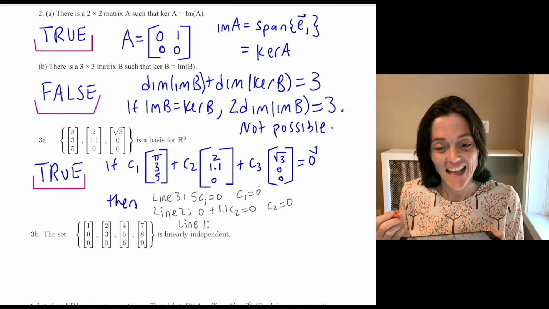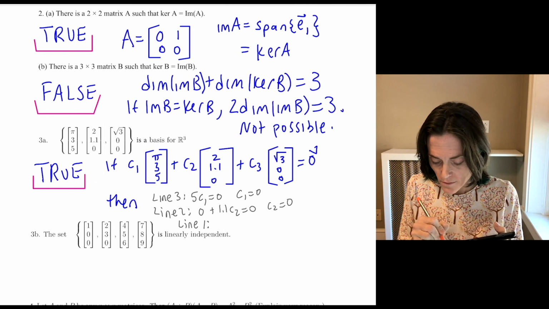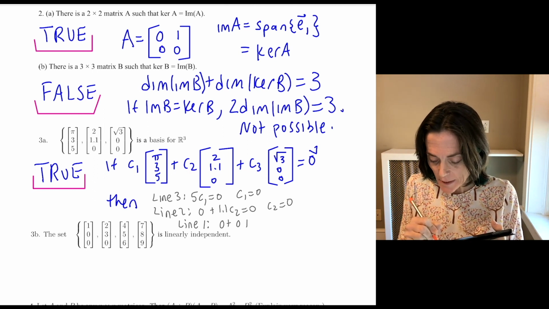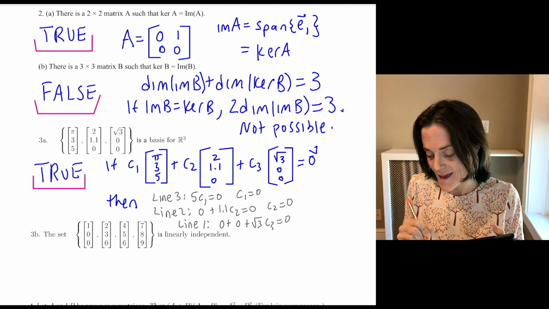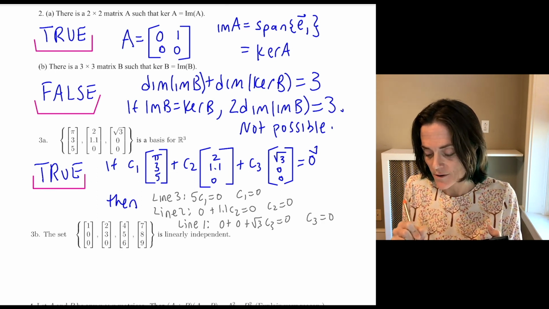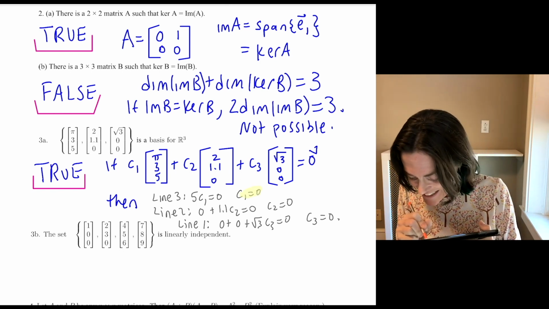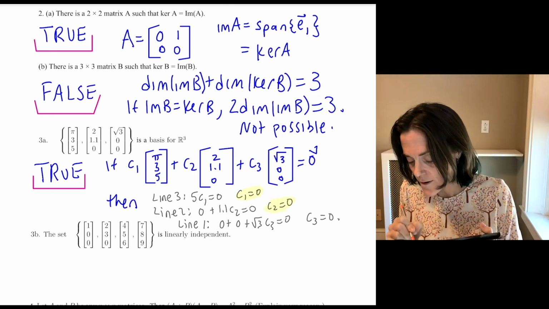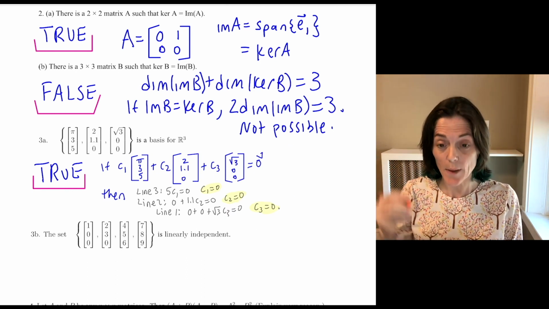Line 1, C1 and C2 are already 0. So we get 0 plus 0 plus the square root of 3 C3 equals 0. And we arrive at C3 equals 0. So this justifies the only linear relation is the trivial one. I have justified the set as linearly independent.